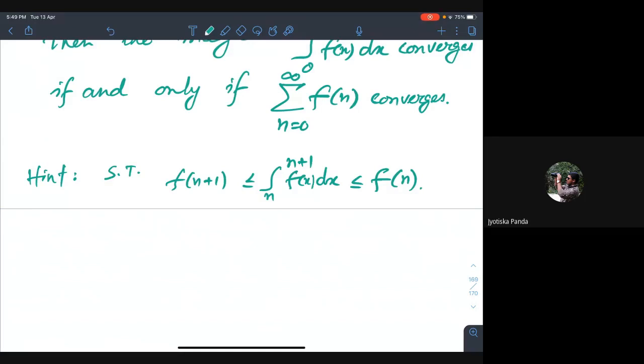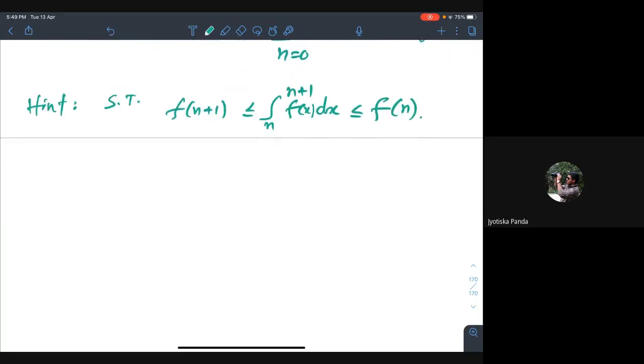So for example, integration by parts. Before going even further to integration by parts, let me put case 2.